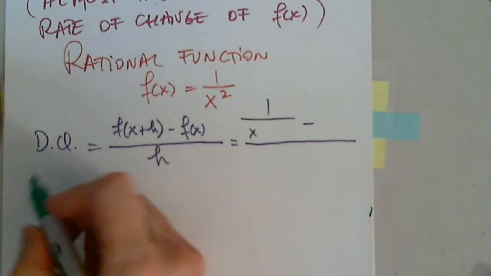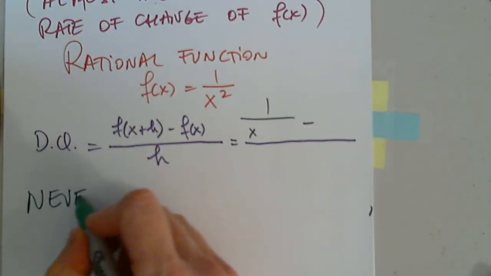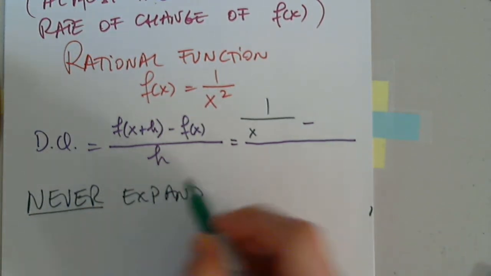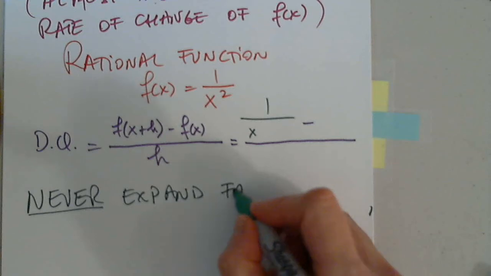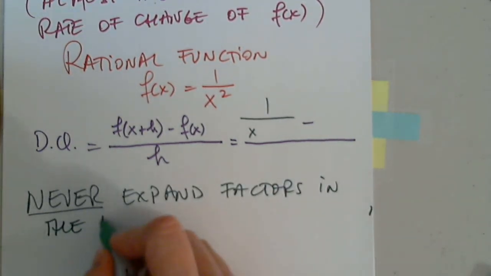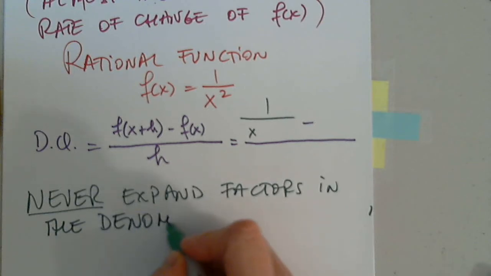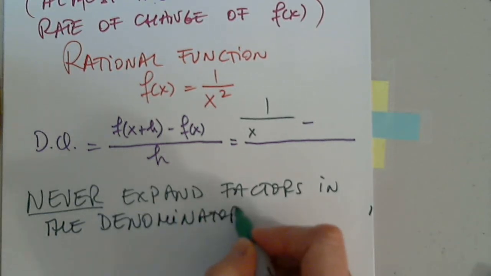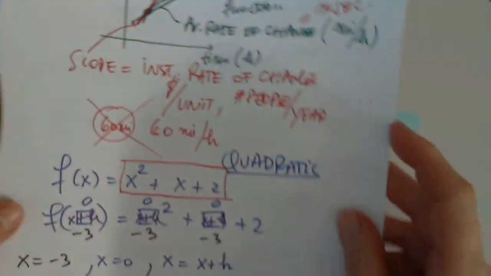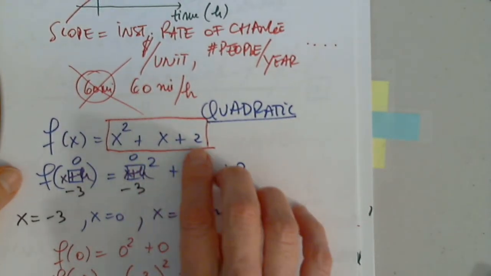Very good point. 2xh. Never expand the factors in the denominator. I wasn't trying to be tricky. There is no denominator here.